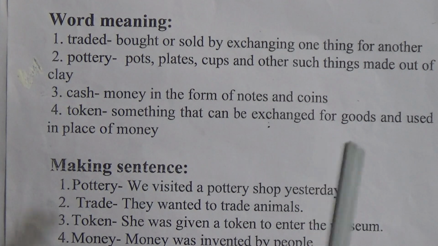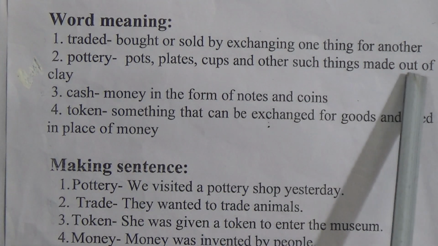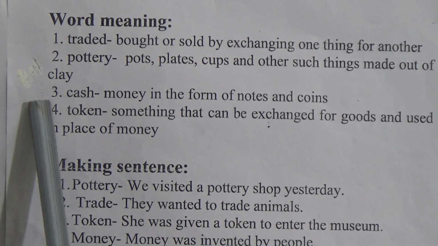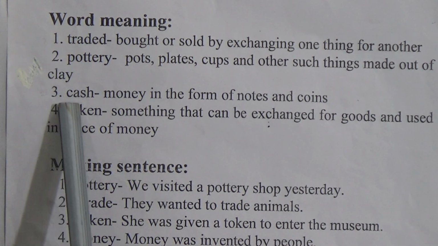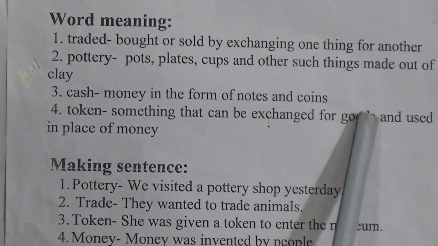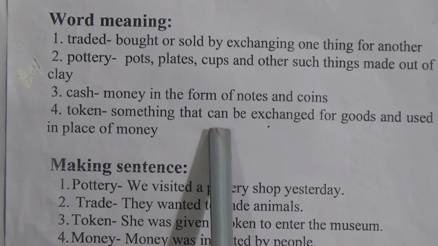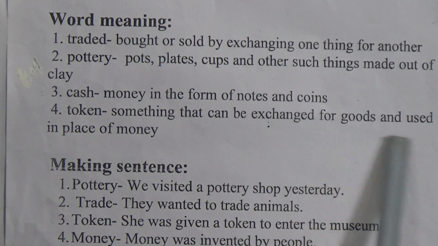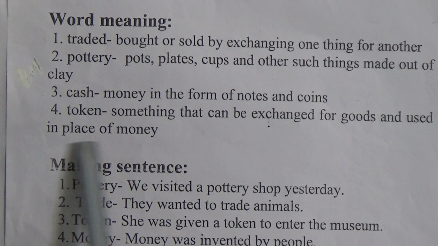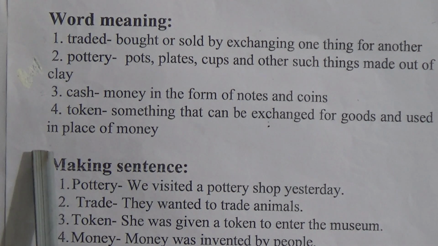Pottery is pots, plates, cups and other such things made out of clay. Number 3 is cash, money in the form of notes and coins. Number 4 is token, something that can be exchanged for goods and used in place of money. So these 4 are our word meanings.